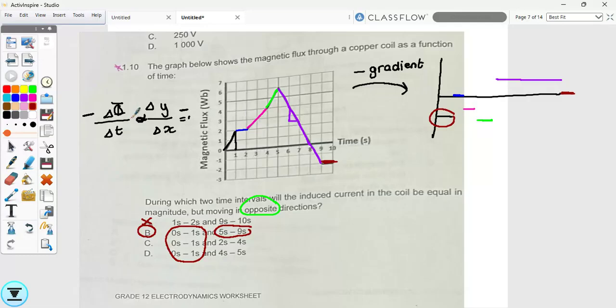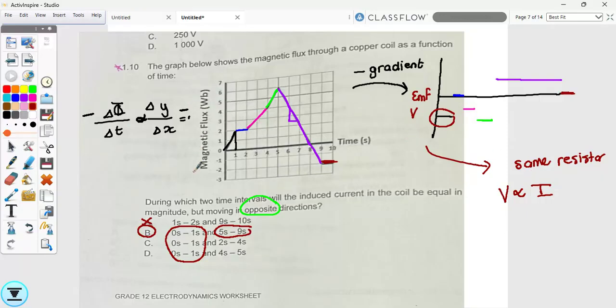Okay, so do you understand the part where the gradient is the EMF? When I'm saying EMF or voltage, please remember that if it's in the same coil, the same resistor or the same load, so it's not a transformer, then the voltage is directly proportional to the current because of Ohm's law.